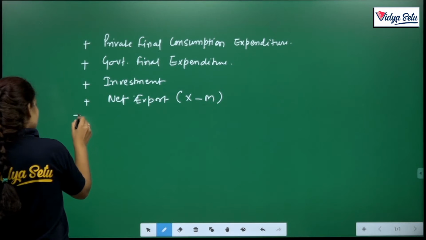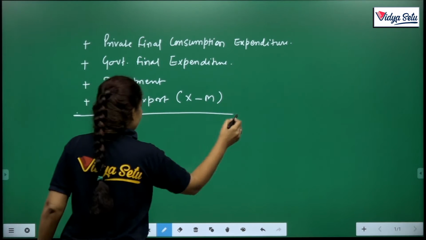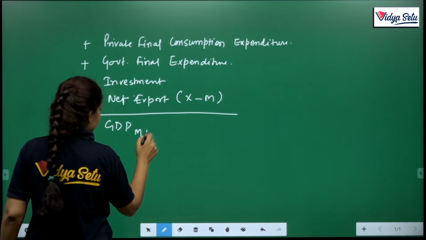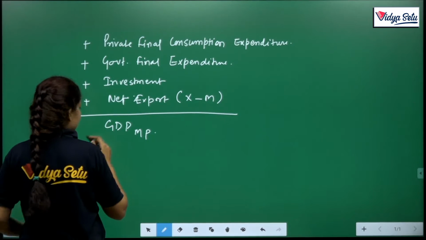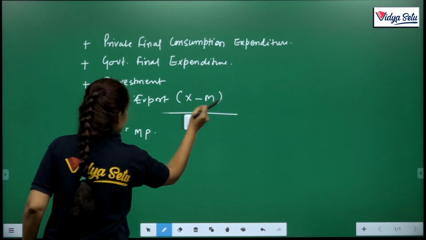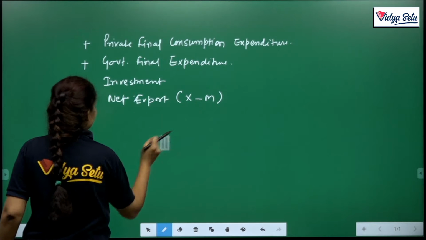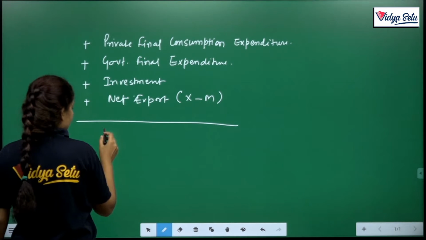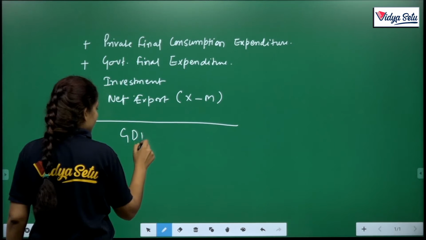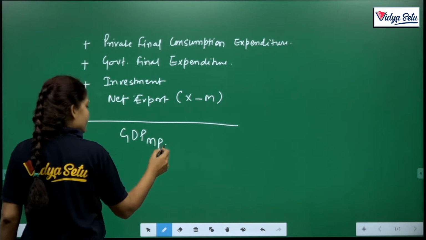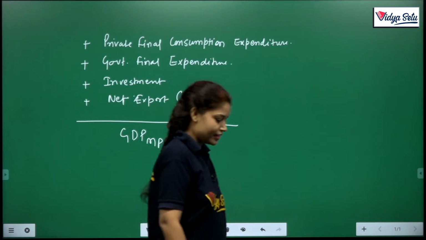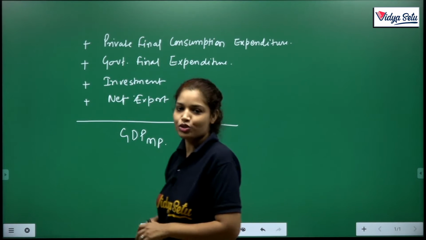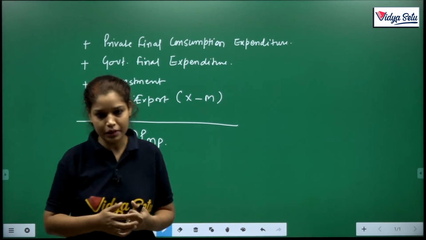By this we receive GDP-MP. Here one more thing is added, that is gross domestic capital formation, like investment, clear? So we receive GDP-MP, as simple. The formula is always simple, but the application is slightly difficult, okay.